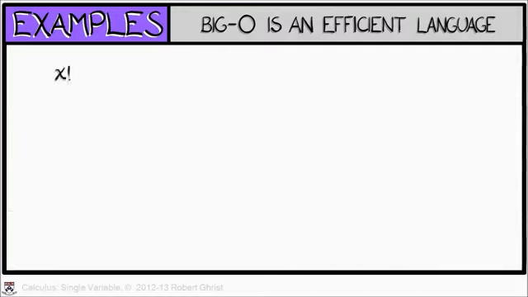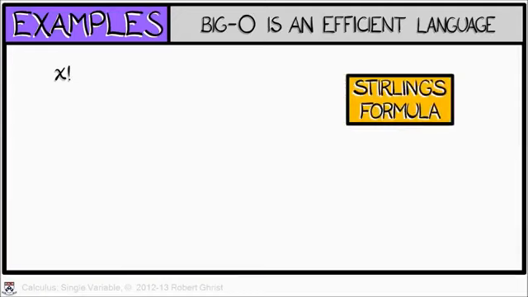Now, other examples are relevant to what we began this lesson with. Let's consider x factorial. We argued that its growth rate is pretty big, that x factorial is not in big O of e to the x. But we can say more. There's a wonderfully useful and powerful formula in mathematics called Stirling's formula that says exactly how fast x factorial grows.